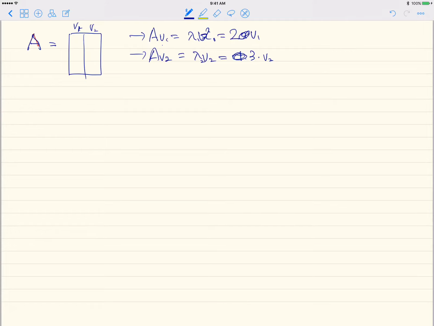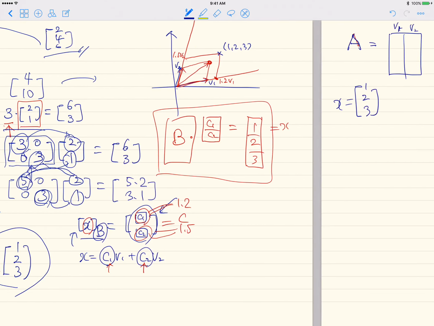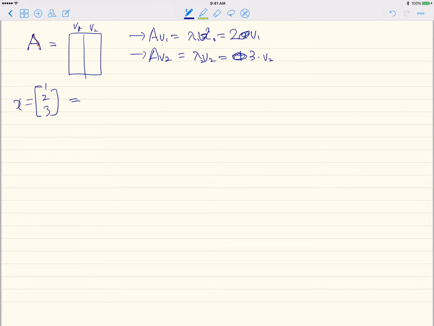So your basis vectors happen to be also the eigenvectors that satisfy this kind of equation. And I'm going to give you some vector 1, 2, 3, which is the x that we saw in the previous example. Suppose you obtained the coordinate vector of x, call it b1 and b2, and let's consider this coordinate vector to be 3, 5. It means x is represented as this.